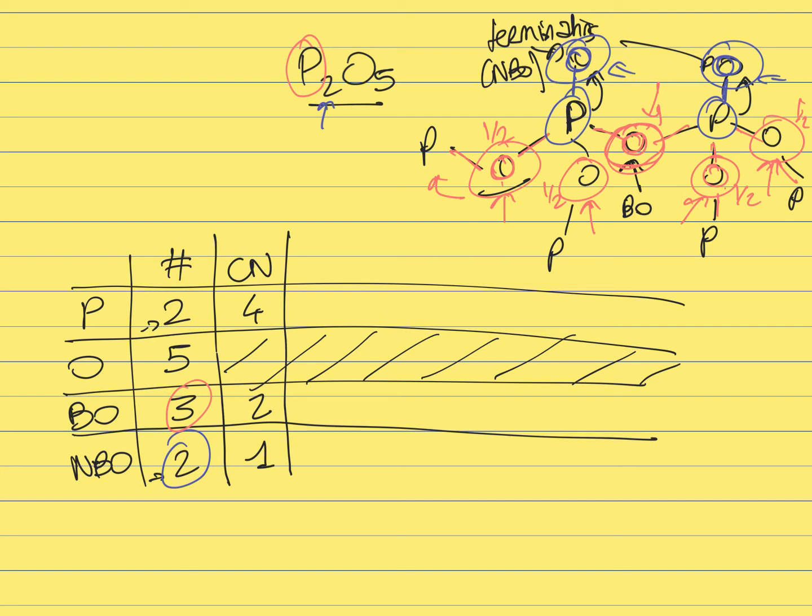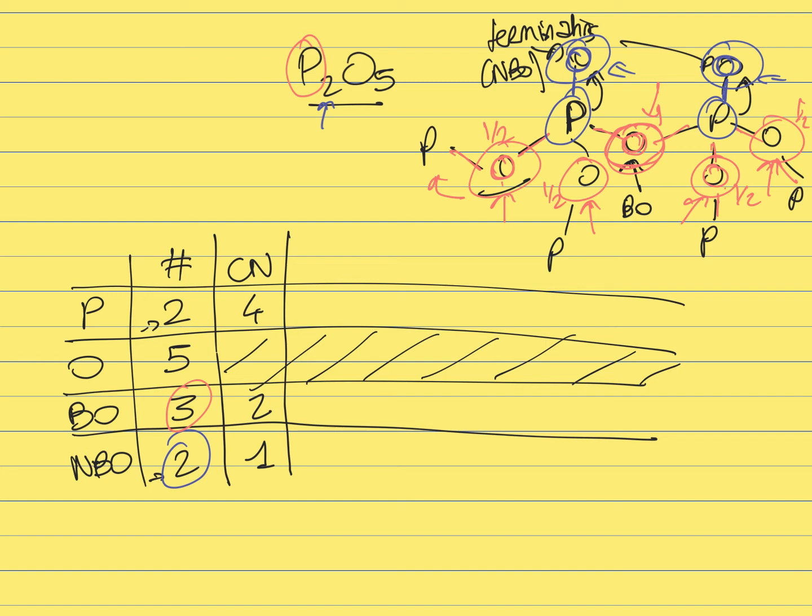So you end up with 3 BO, so that the total number of oxygen is indeed 5. 3 BO, 2 NBO. So now that we have this, we're going to just pretend that those BO and NBO act as 2 different types of elements. Now we forget about the oxygen, we only consider the BO and the NBO, and in this table, we are just going to consider them as 2 different types of elements, just like if they were 2 different types of atoms.